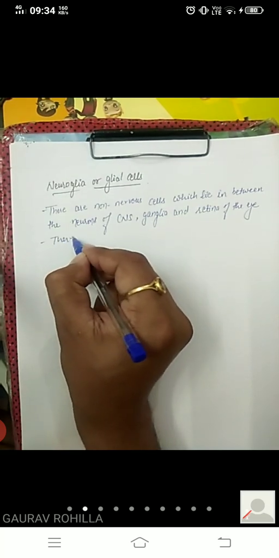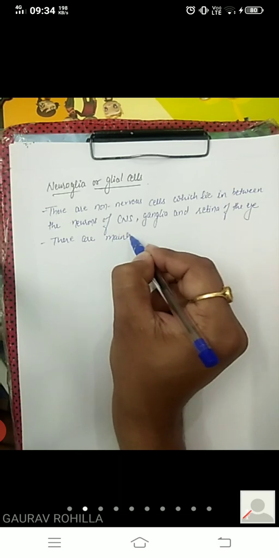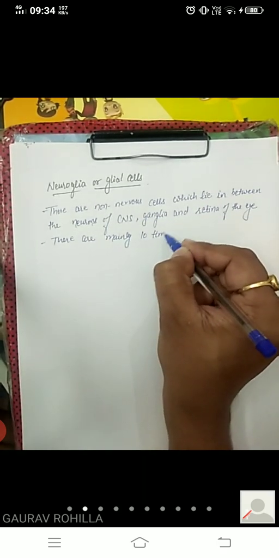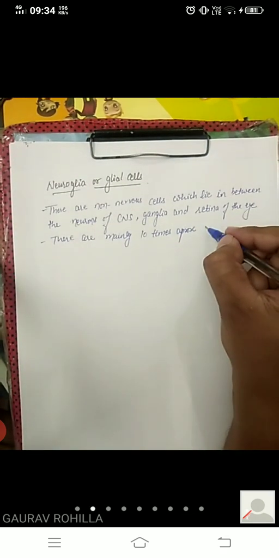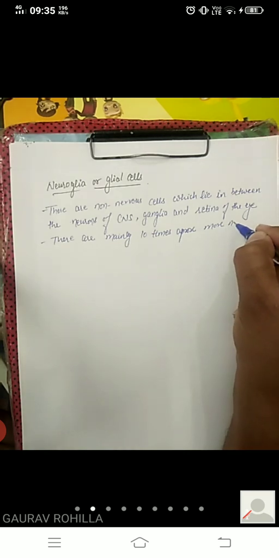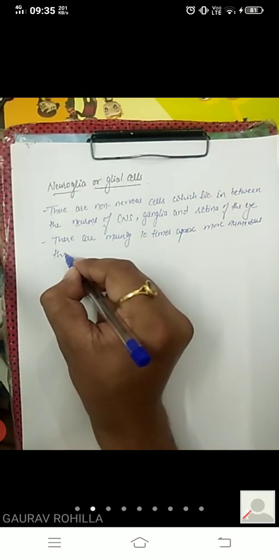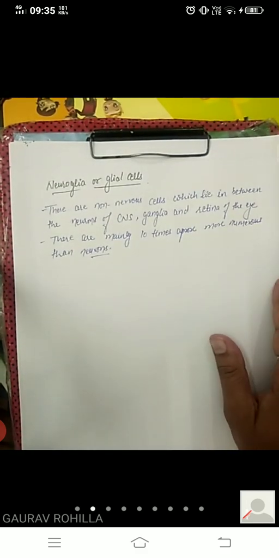These are approximately 10 times more numerous than neurons. They are more in number than neurons.